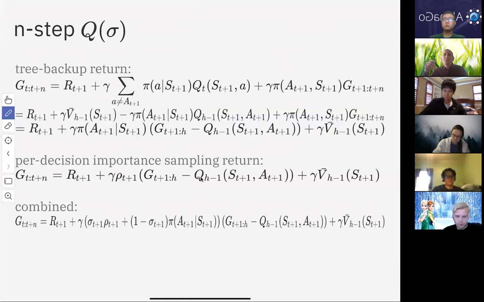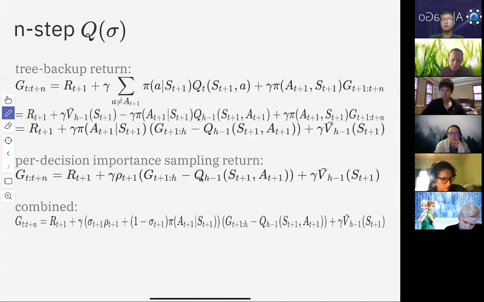So we can smoothly move from one to the other and also change how we do this over time. Let's look at our tree backup and our per decision importance sampling and look at how similar these equations are and how easy it is to do a weighted mean between them.